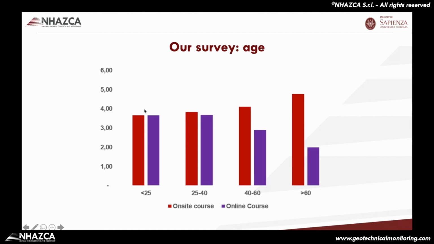As soon as the age increases, there is a strong preference for on-site with respect to online. Of course, younger people are more used to online. So for them, below 40, there is not so much change. The others prefer on-site.